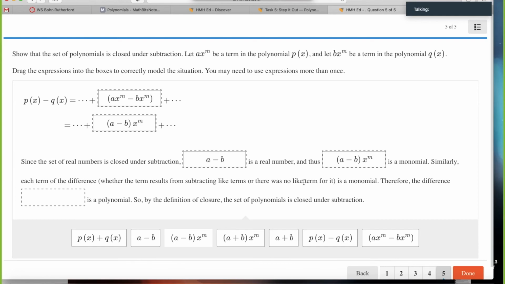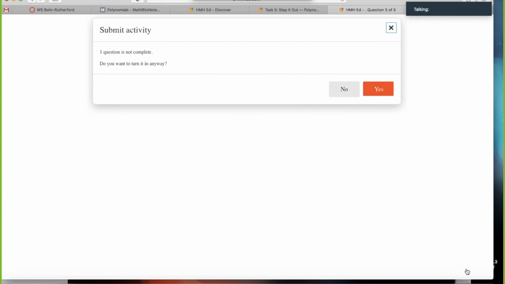Therefore, the difference, I would say that is still a polynomial. This last one I'm unsure of, but I'll check the answer. So, there you go. I'm going to go check my answers real quick, and I'll let you know how I did. Hang tight.